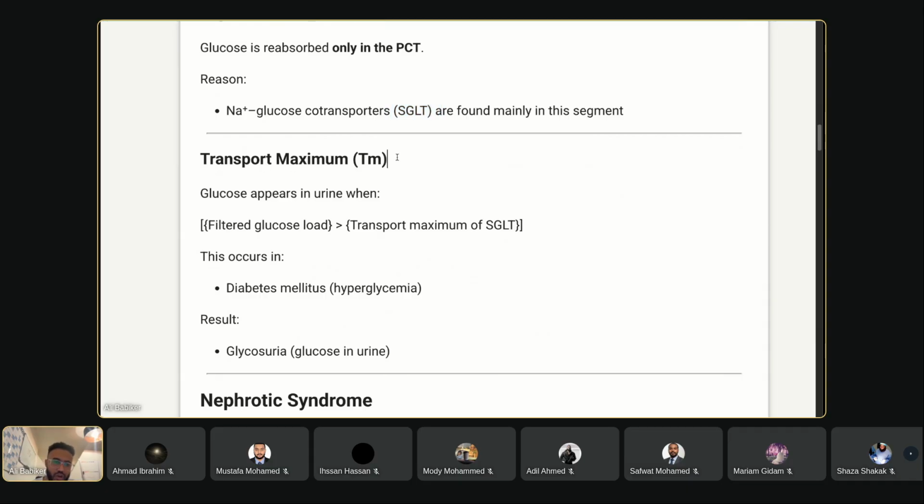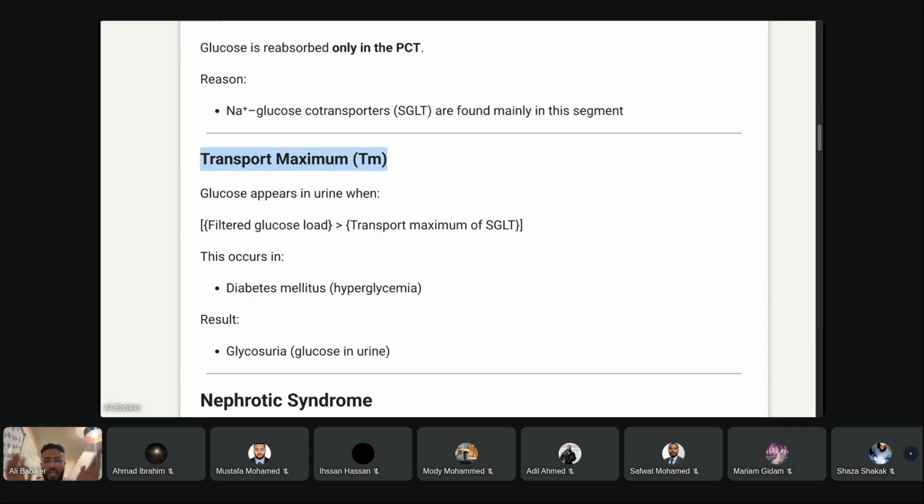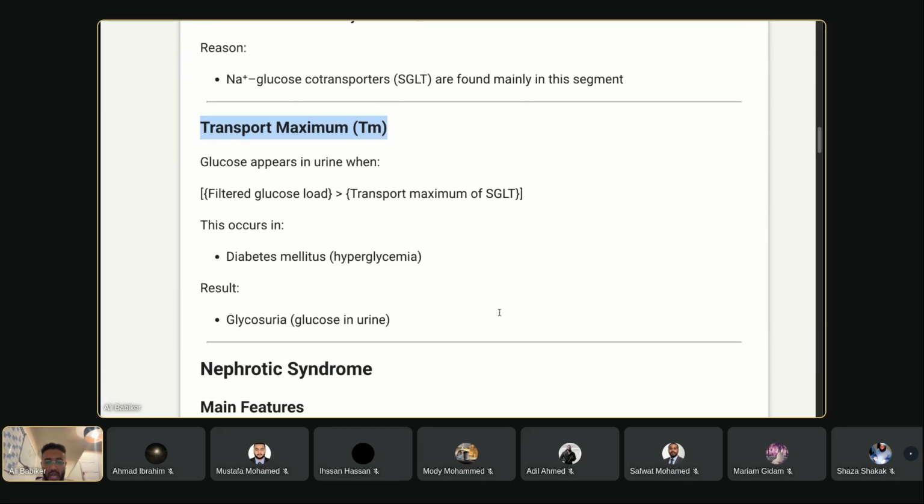Transport maximum. There's a concept called transport maximum, meaning glucose appears in the urine when the filtered glucose load is more than the transport maximum of the SGLT. This occurs in diabetes mellitus and will result in glycosuria, glucose in urine. Think about it.